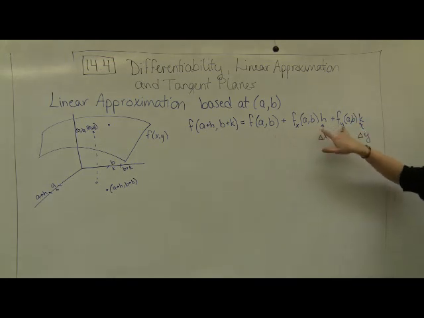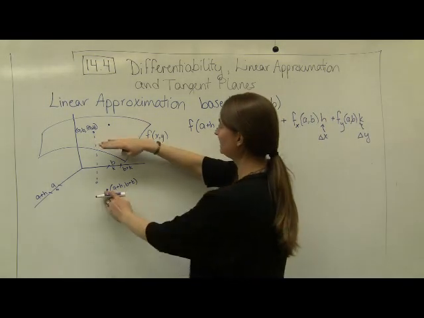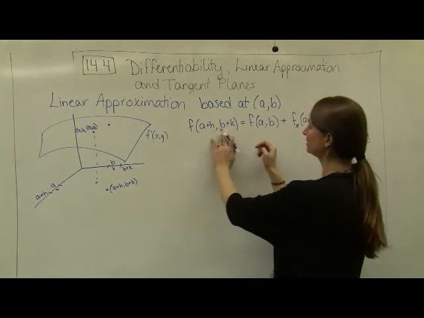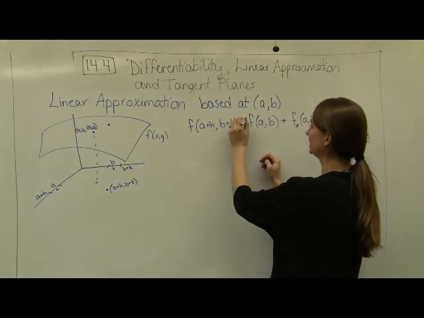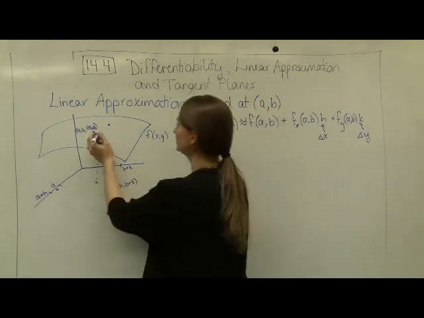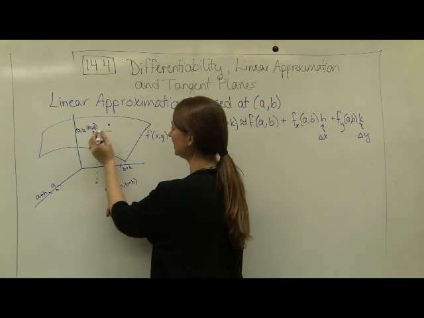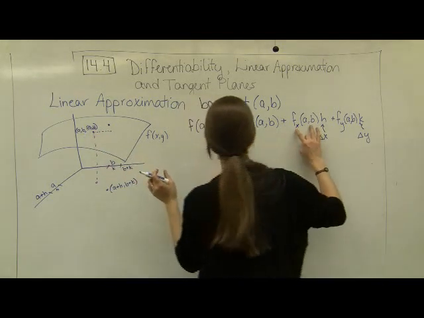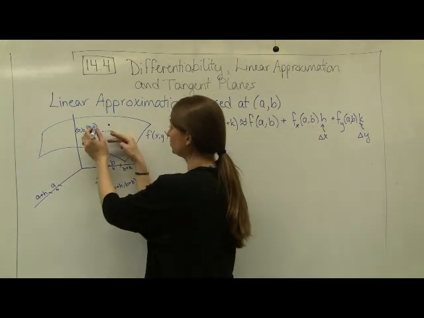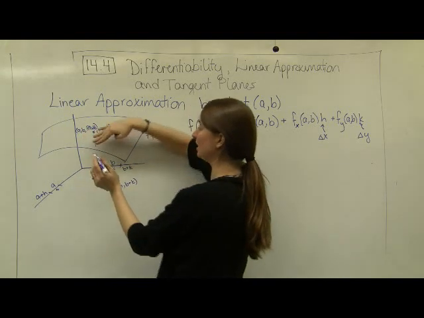I'm doing a linear approximation because these are each linear terms, and it means that our approximation output is going to be as if I went straight up in the x direction given this x slope and straight up in the y direction given whatever my y slope is, and I'm going to be landing on a plane.